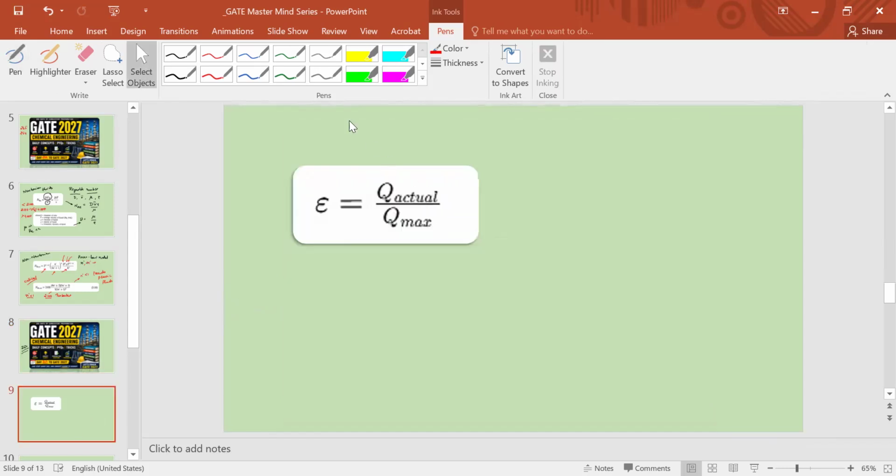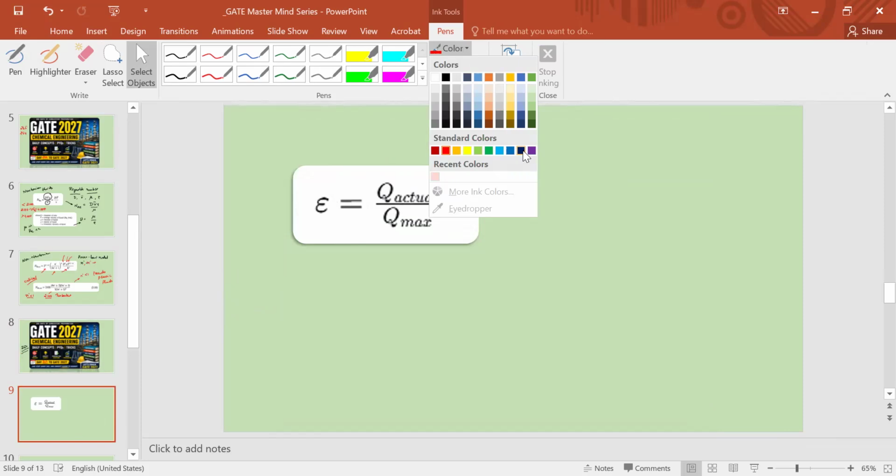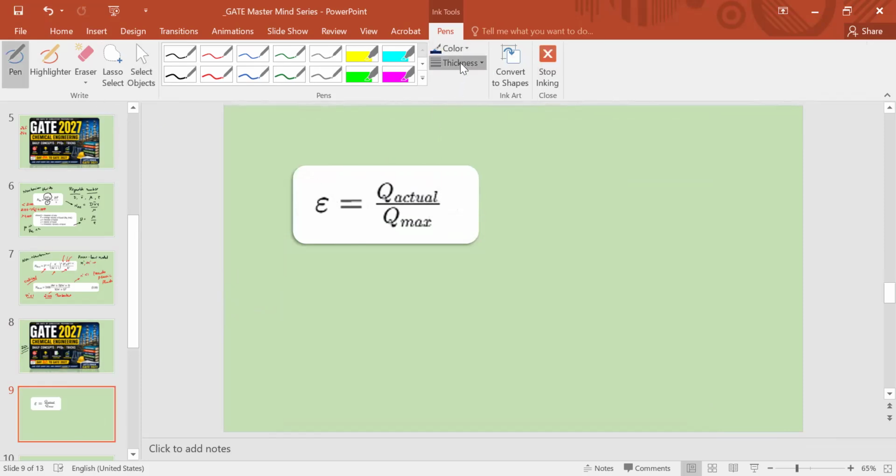Okay. What we will learn in this particular class today, we will see the heat transfer area or heat exchangers, in which this is known as, as you can see, heat exchanger effectiveness. So what should I write?